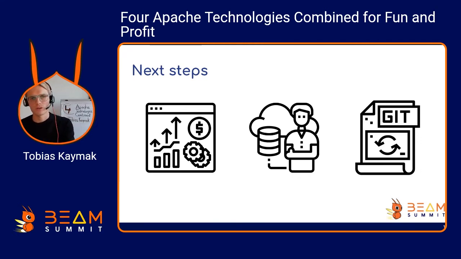I think right now it's 4.8. But it would mean a little bit of work in the Cassandra IO component. We also look forward a lot to the improved schema support in Beam. This would make this use case even better and easier, because right now we do a little bit of manual work with protobufs.